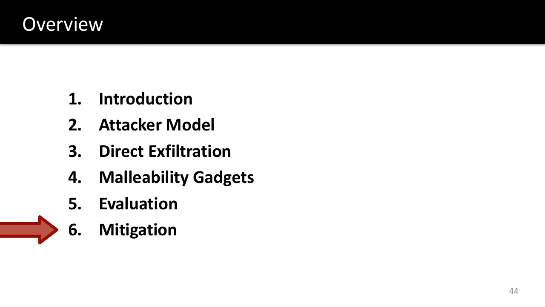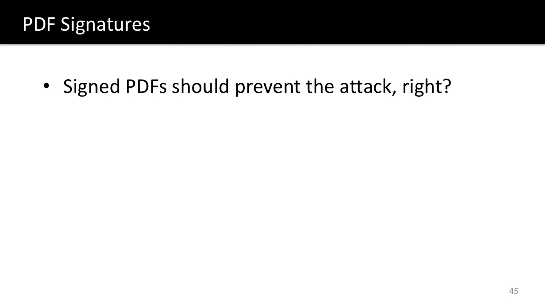Okay, now let me come to mitigations and maybe actual countermeasures to prevent those attacks. So one mitigation strategy would be to use existing methods to add some kind of integrity check.